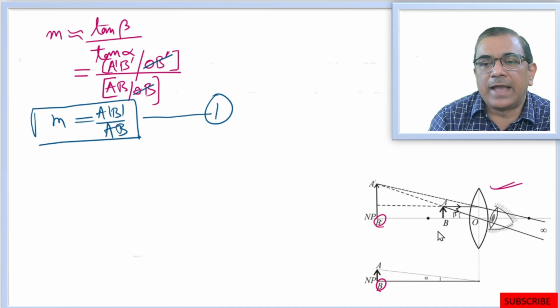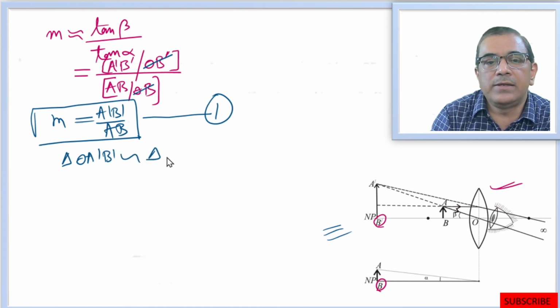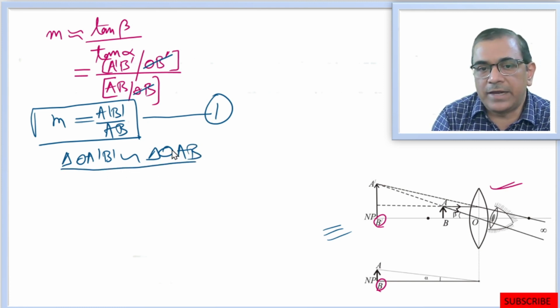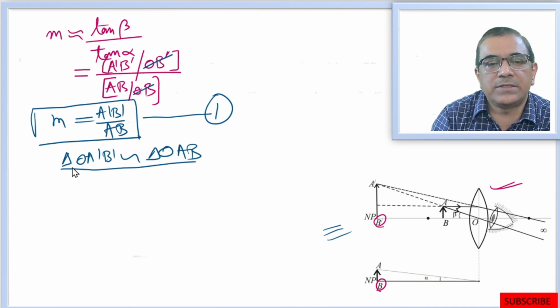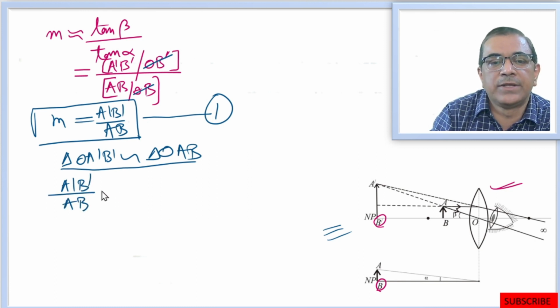Now look at this diagram carefully. You will notice that triangle O A dash B dash is similar to triangle OAB. Because they are similar, the ratio of the corresponding sides should also be the same. Let's use this theorem. A dash B dash, the ratio of the corresponding sides should be the same, and this is what I have written over here.